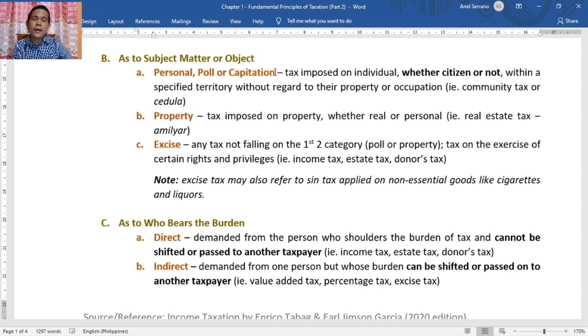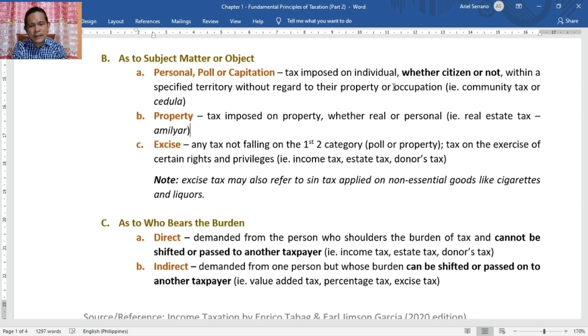Remember yung definition natin sa taxation on part 1 of our session. Without regard, okay? Sabi dito, without regard to their property or occupation. So, basta ito ay mga buwis na pinapataw sa tao. At yung example natin ay yung cedula or the community tax na nakukuha natin sa mga munisipyo or sa mga syudad, sa mga opisina ng gobyerno na ito.